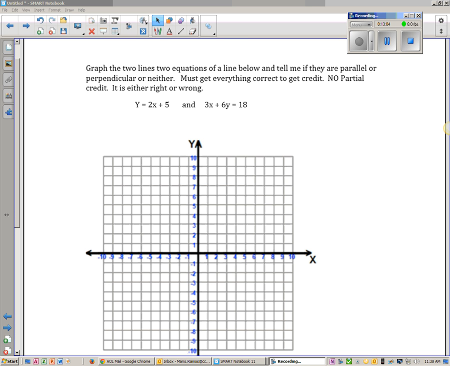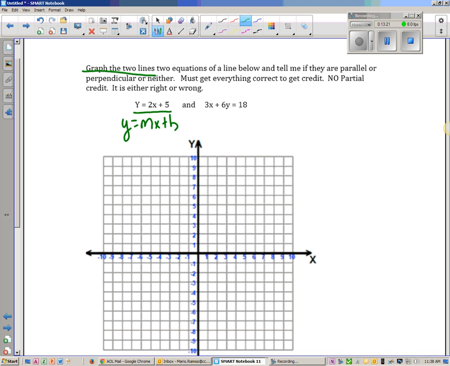Okay, this is where I said that everything had to be correct. So the first part was graph the 2 lines. I look at these 2 lines and I see that this one is written in y is equal to mx plus b form, and then I see this line is written in standard form, which is ax plus by is equal to c.